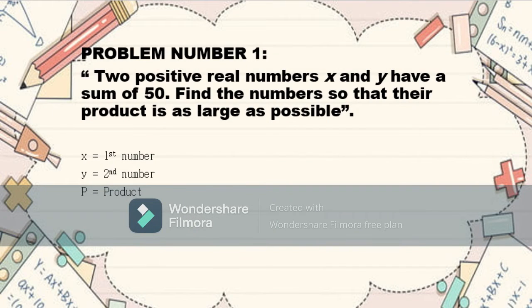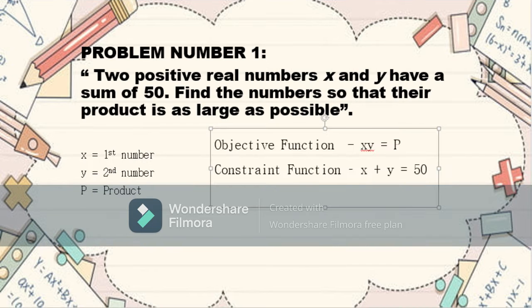Let x be the first number, y be the second number, and p be their product. So, our objective function is x times y equals p, while the constraint function is x plus y equals 50. Next, we are going to get equation 1 by solving for y in terms of x.